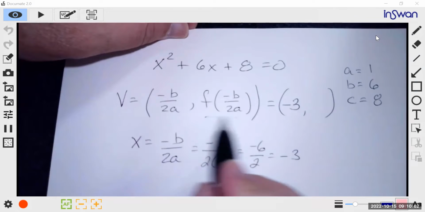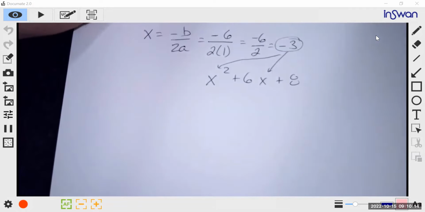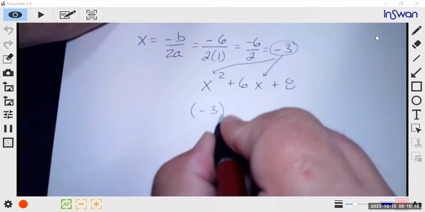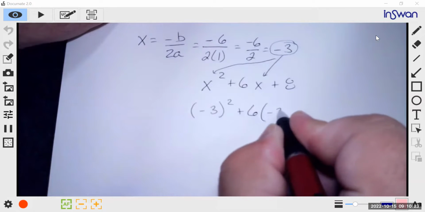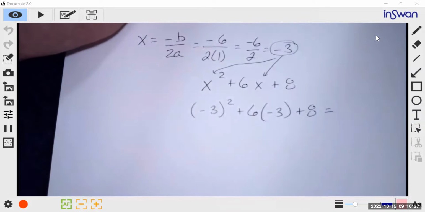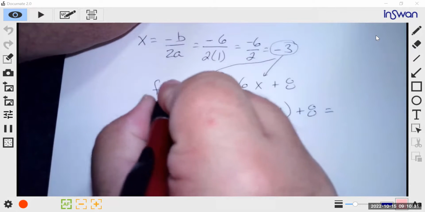What this says is once I find the x value, I plug the x value inside the equation and work it out. So negative 3 squared plus 6 times negative 3 plus 8 equals some number. You see, we have to look at it that way.